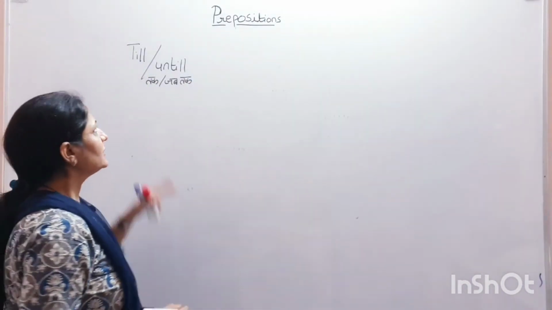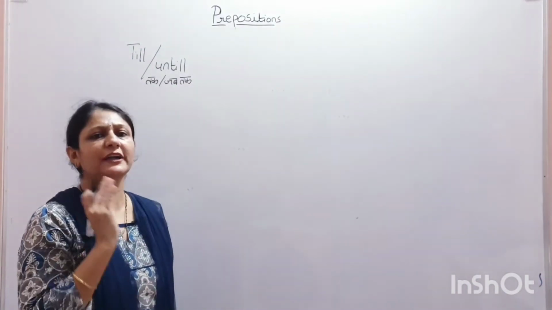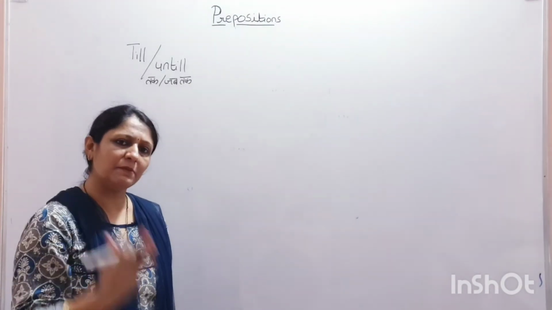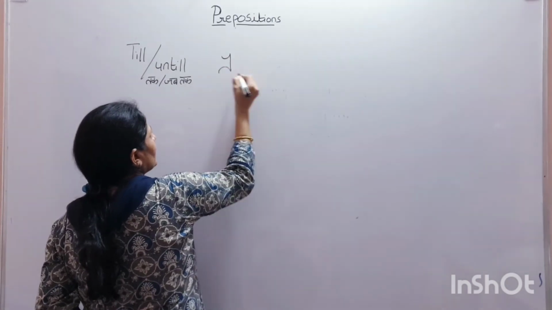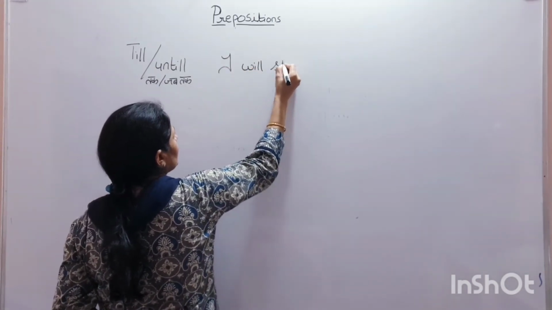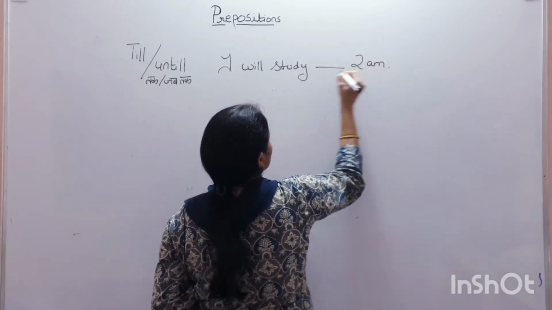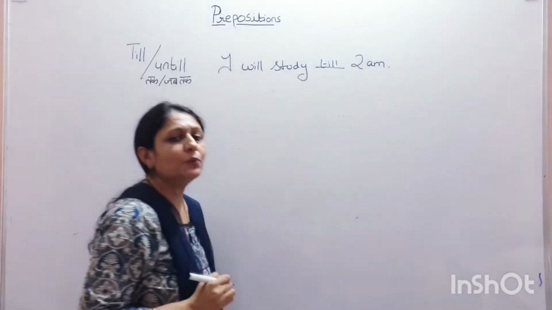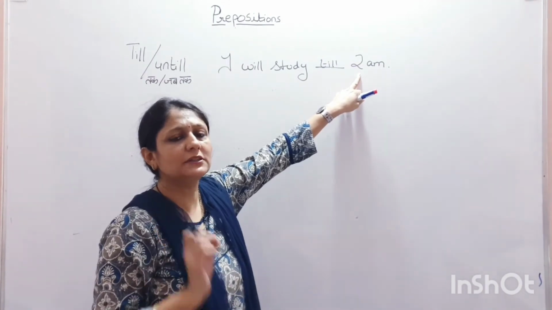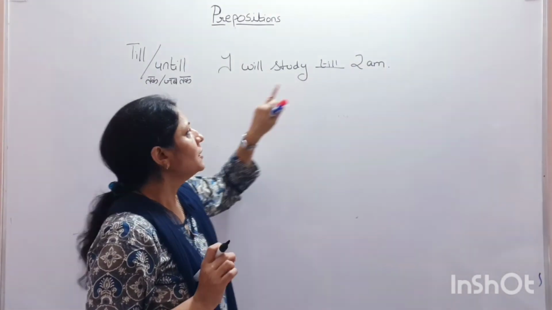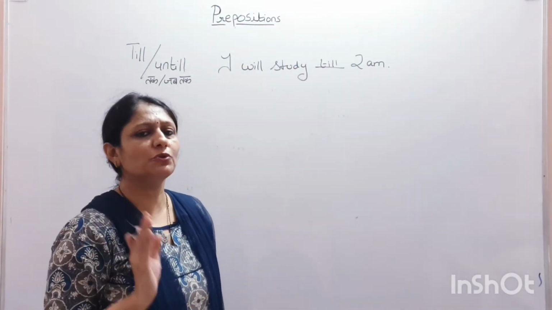Tak means I will complete my time till a specified time, whether the work gets completed or it doesn't get completed. My sentence will be, I will study till 2 a.m. This means I have specified the time जब तक मैं पढ़ाई करने वाला हूँ. मैं 2 बजे तक ही पढ़ने वाला हूँ. After that I am going to go to sleep.